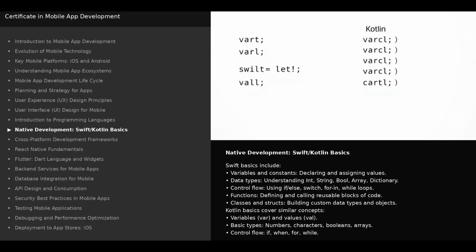Kotlin basics cover similar concepts: variables var and values val, basic types, numbers, characters, booleans, arrays, control flow, if, when, for, while, functions, defining methods and extensions, classes and objects, object-oriented programming fundamentals. Mastering these fundamentals in either Swift or Kotlin is the first step towards becoming a proficient native mobile developer. These languages form the core of platform-specific app creation.